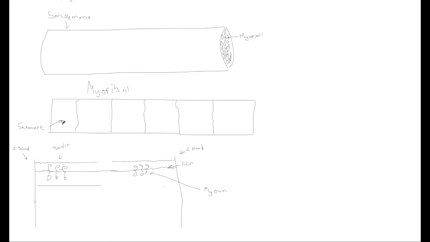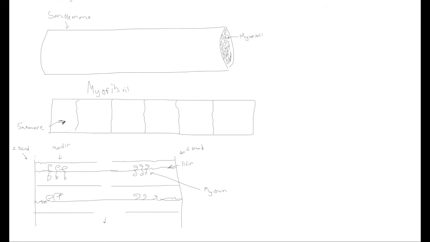We continue on this, and then there would be another one. Just really quick, just to show that there are many. And it just continues on, and then there would be some number of these actin myosin parts.